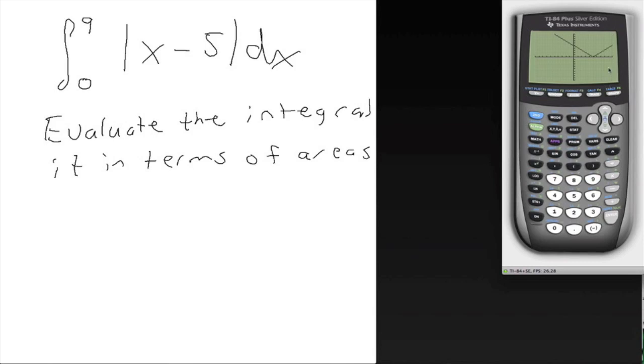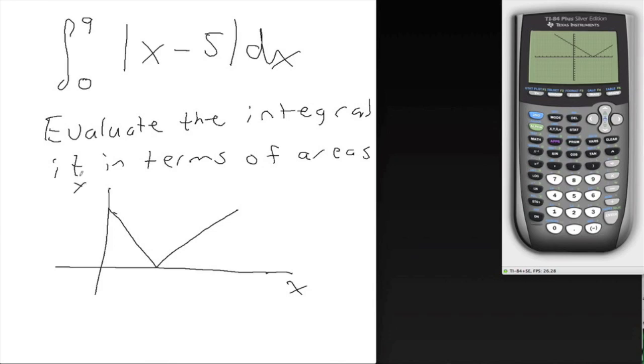All right. So that gives us this graph. So then the next thing you would do is draw your graph. How should I label this axis? That's x. And I guess we'll call this y, or maybe f of x.